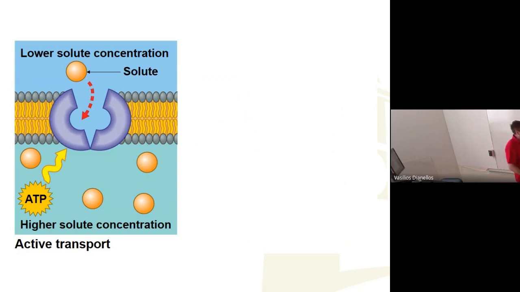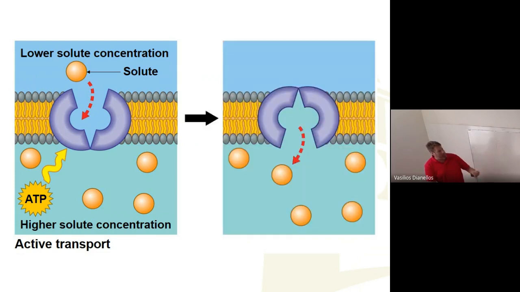So if you're going to go from an area of low concentration to an area of high concentration, you're going to need energy. And in this case, it's usually ATP. So we expend a little energy, that protein pumps it in, and there you go. That is active transport. That's basically all you need to know about active transport. I will say this, in the next two chapters, this will be important in a way because there are going to be some situations where we're pushing things against the concentration gradient, and it's going to require energy to do that.